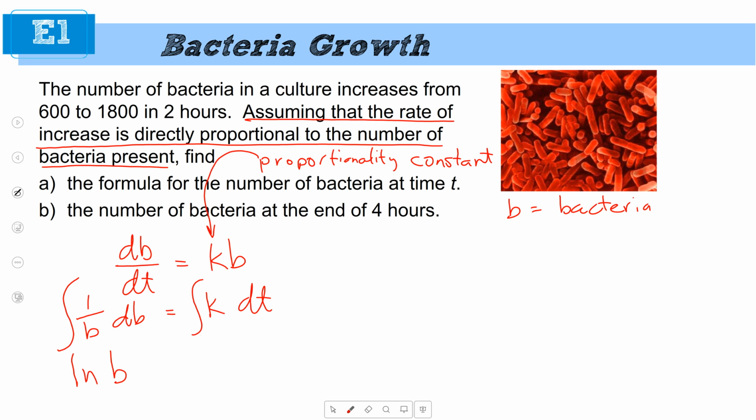No, we can't have negative bacteria, so we'll get fancy and drop the absolute value there. What is the antiderivative of k dt? Good. You might be saying to yourself, oh, it's 1/2 k squared. No, our variable is t. So therefore, Matthew said this would be kt.